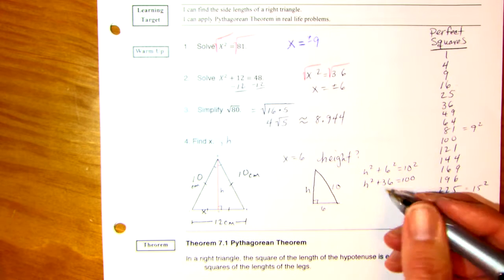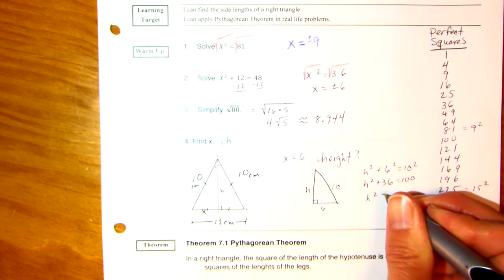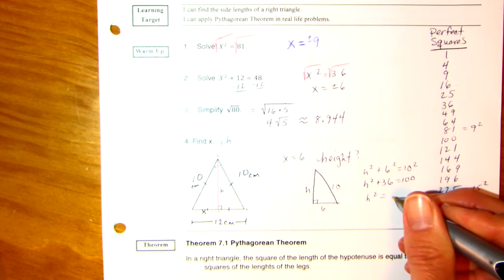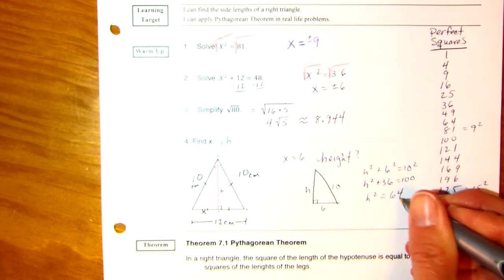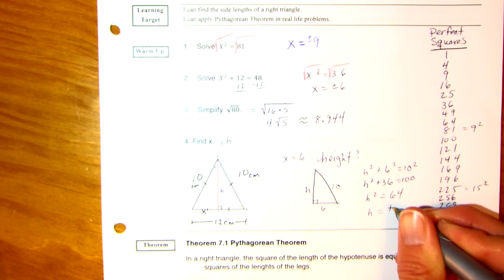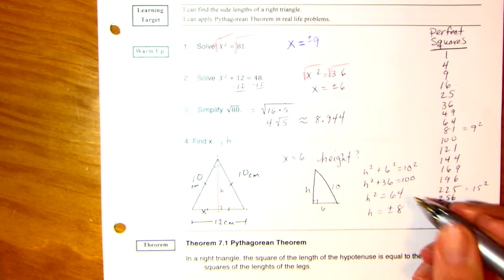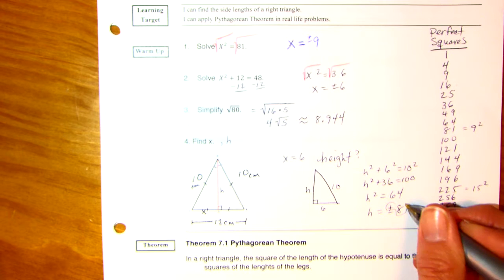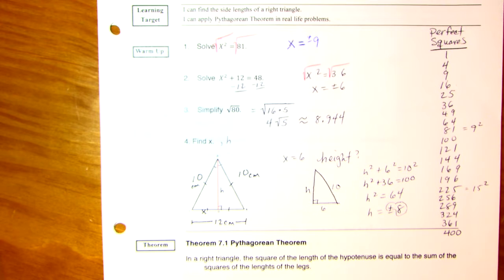I'm going to subtract 36 on both sides. h squared is equal to 64. h is equal to plus or minus 8. But since I'm dealing with the height, you can't have a negative height, so you use positive 8. Usually when you're using the Pythagorean theorem to solve some type of problem, it's going to be the positive value.